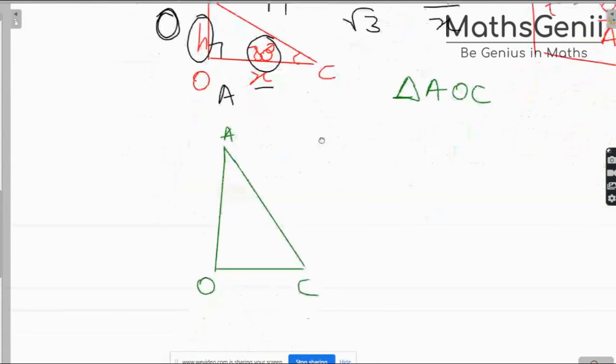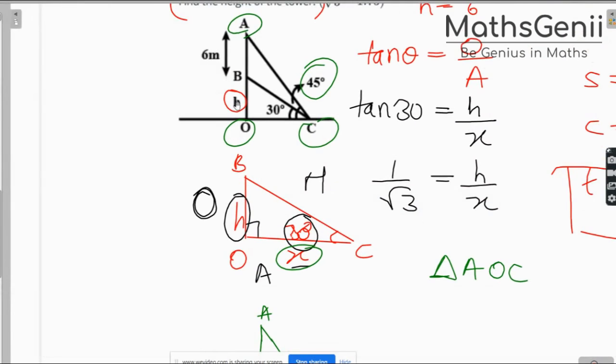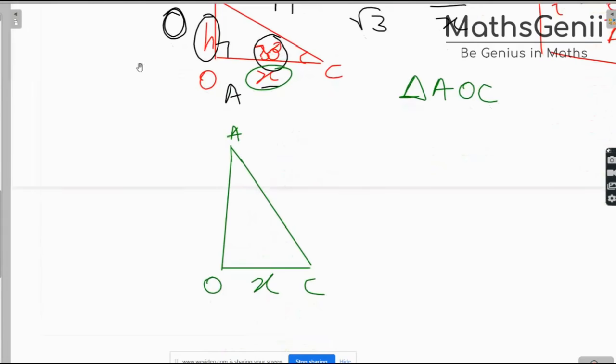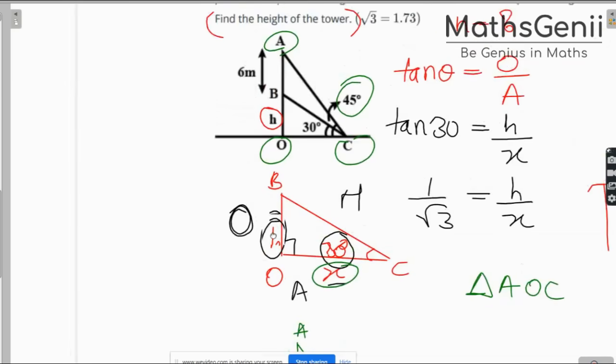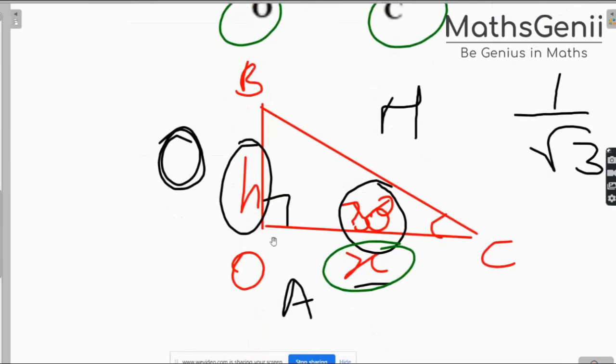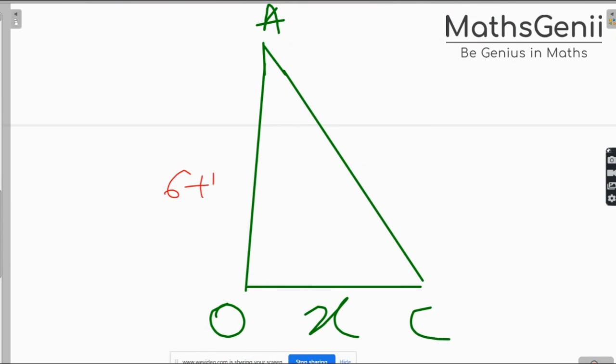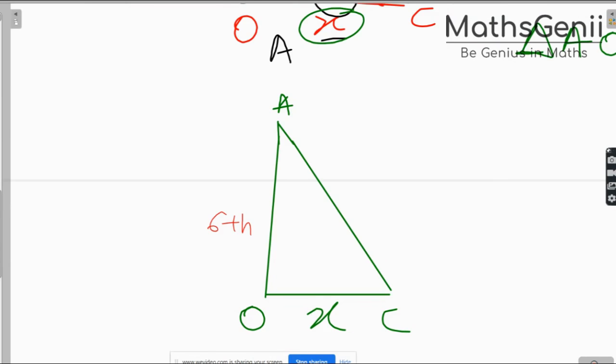What is OC? I just said OC, I'm taking as X. And AO is given as 6 and H. So AO, see this carefully. This is 6 and this is H. So can I say that AO is 6 plus H? Of course I can say that.